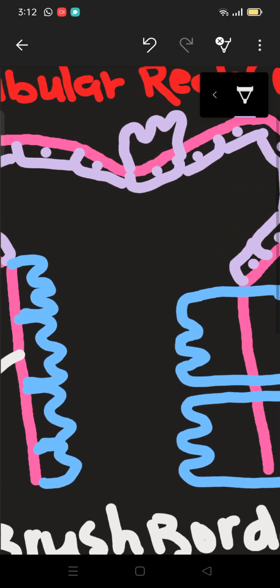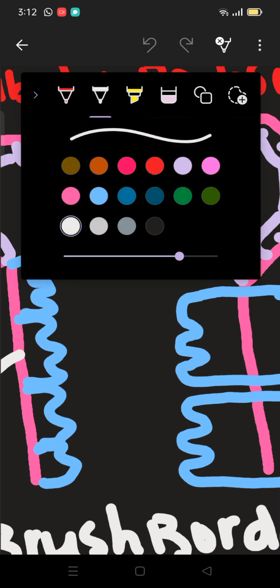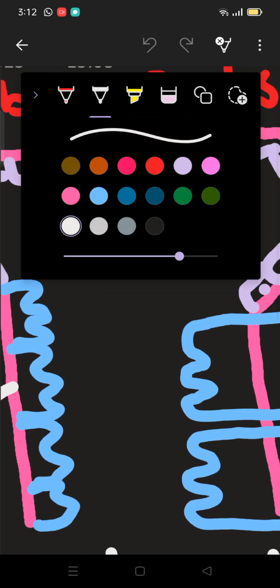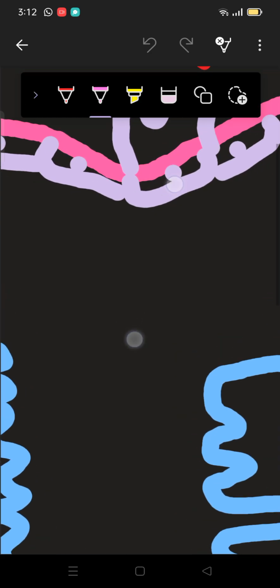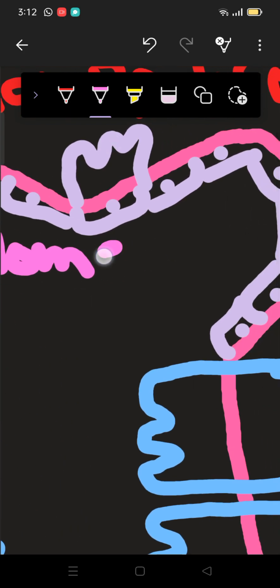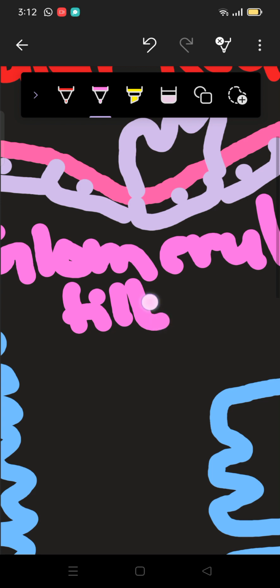This is Bowman's capsule, where glomerular filtrate is present. Let me write it down in this color. What is present here? Glomerular filtrate is present.